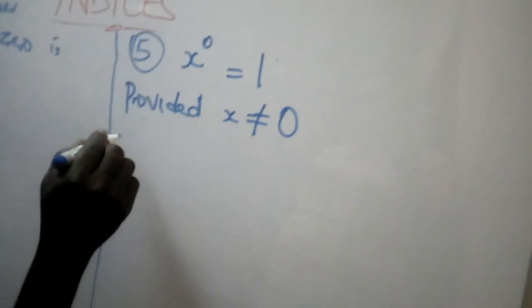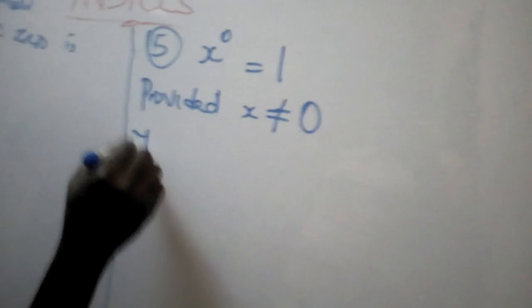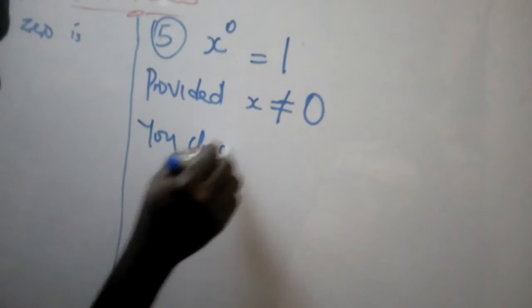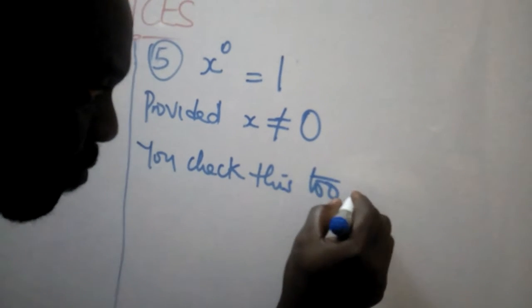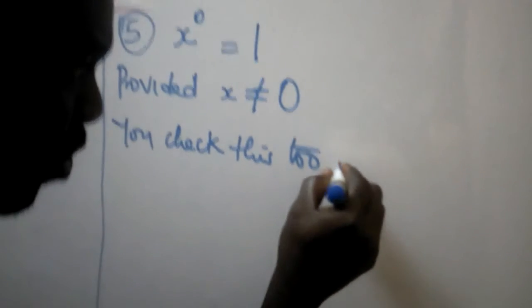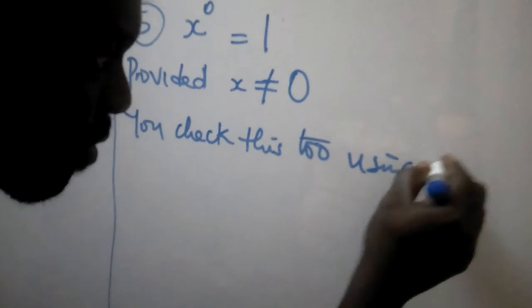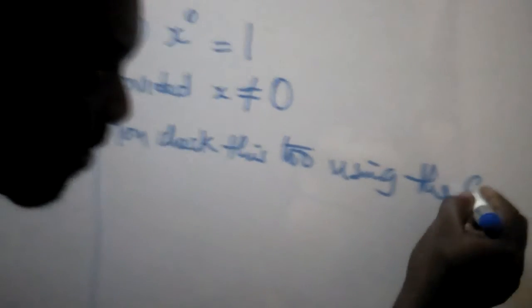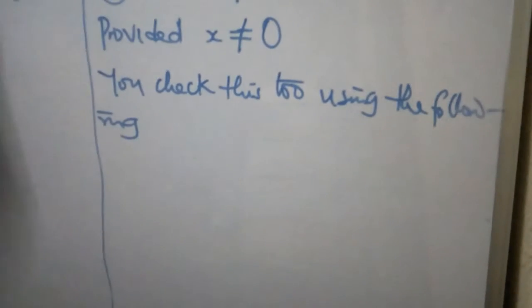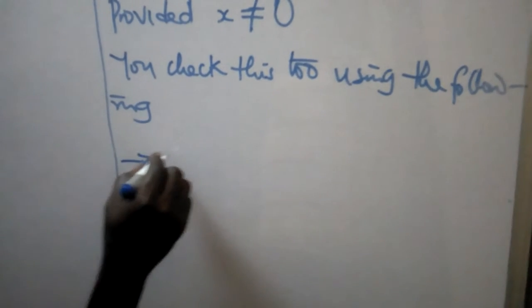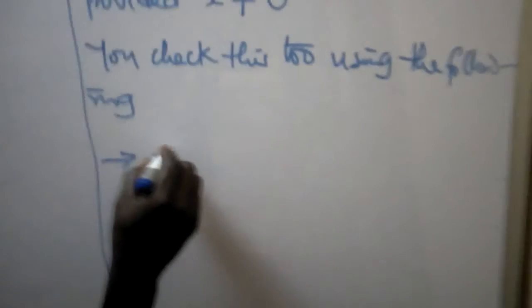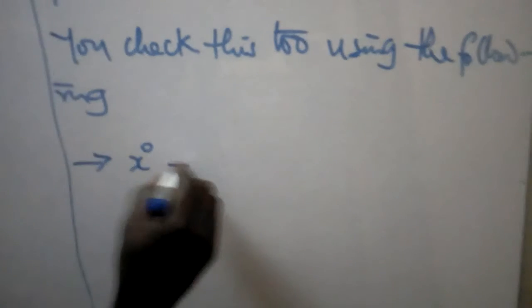You can check this too. Now, let's assume we have an equation like this: x to the power of 0, and it's proven to be equal to 1.